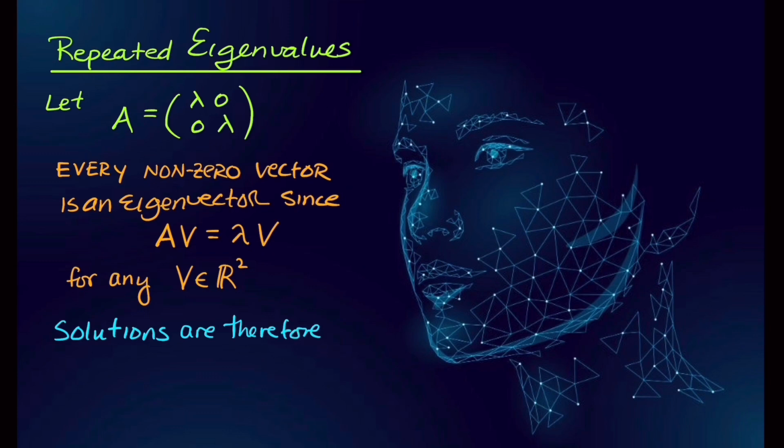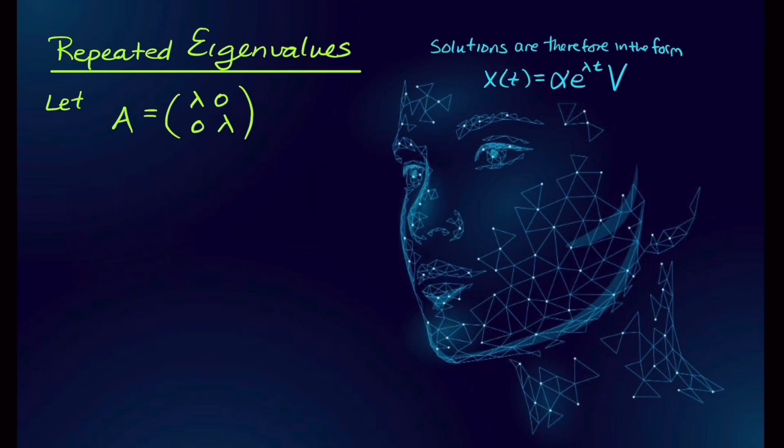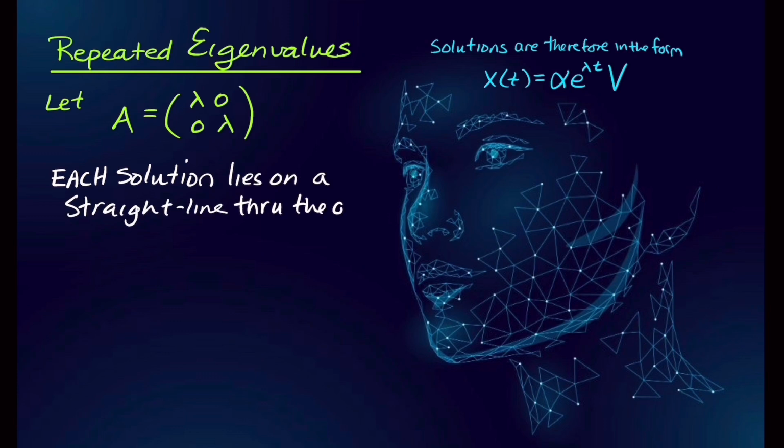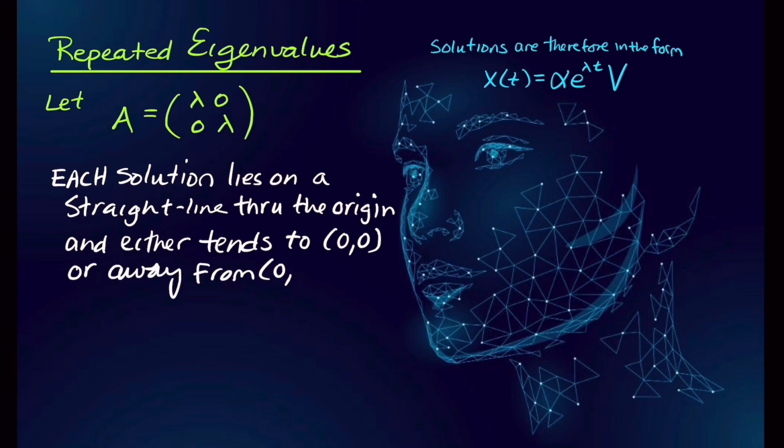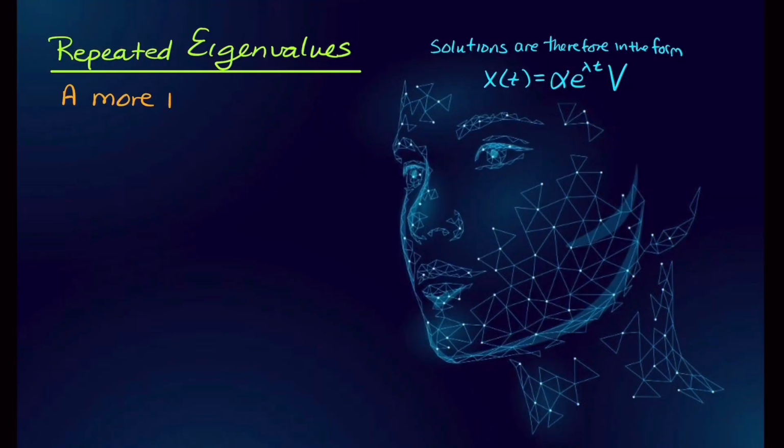So solutions are therefore of the form x of t equals alpha e to the lambda t times a vector. So each solution lies on a straight line through the origin along the direction of that particular vector, and it'll either tend towards 0 or tend away from 0 to infinity. And that'll depend on the nature of the eigenvalue.